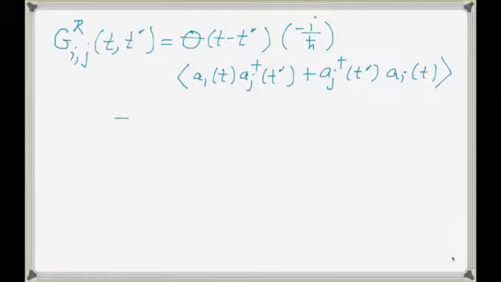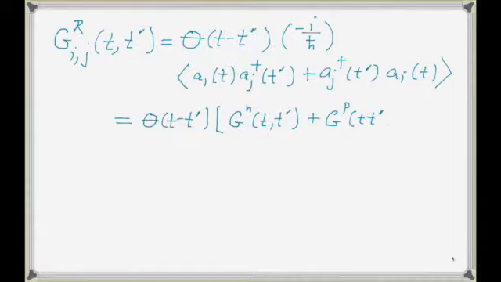And if you look at our previous two definitions, this is just equal to theta of t minus t prime of, I'll just suppress the subscripts, Gn of t t prime plus Gp of t t prime, and minus i.